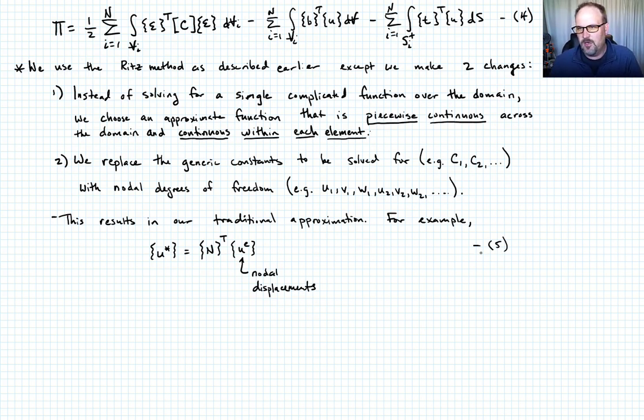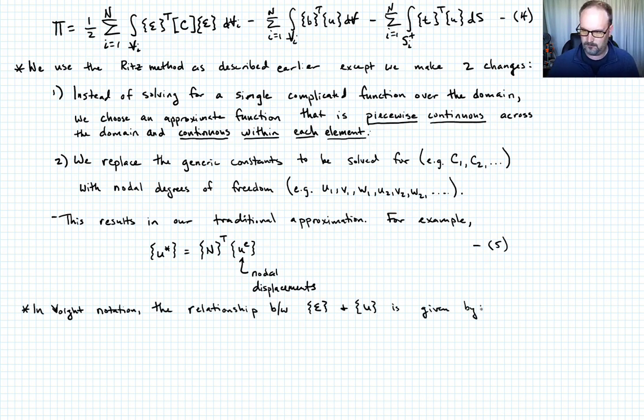This should be very familiar to you now. Okay, so we want to use equation 5 in equation 4, but we haven't really done a lot with Voigt notation, so I need to briefly tell you how we're going to link equation 5 to equation 4. In Voigt notation, the equation between strain and displacement is given as follows. The strain is going to be equal to some differential operator matrix that we'll call del, times u, and in this case u is not just x.